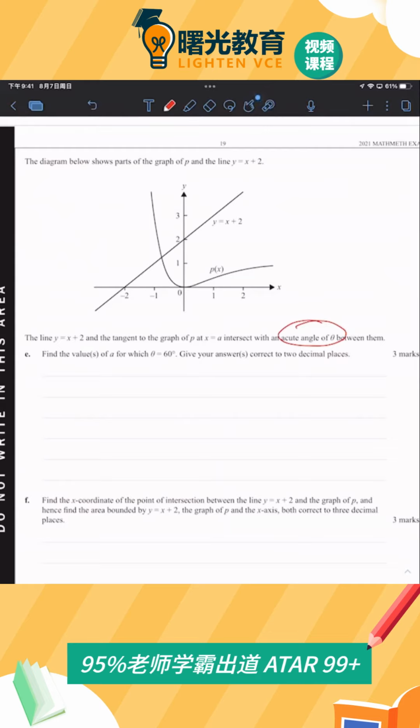Now, we already know that the line y equals x plus 2 and the positive direction of the x-axis make a 45 degree angle. And if we are looking for an angle of 60 degrees between the tangent and the line, it can be in this direction. This is 60, or it also can be the other direction, 60.